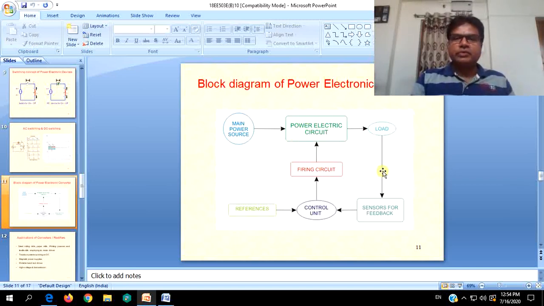For that purpose, depending on the load requirement, the load parameters like speed, voltage, current, frequency will be sensed and fed back to a control unit, which refers to standard signals required to control the load.